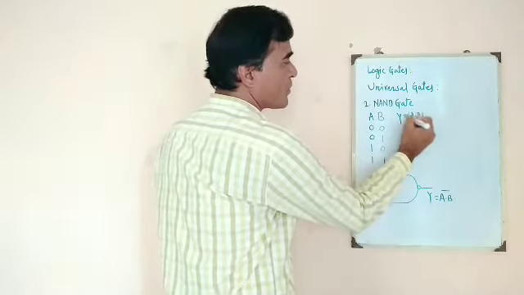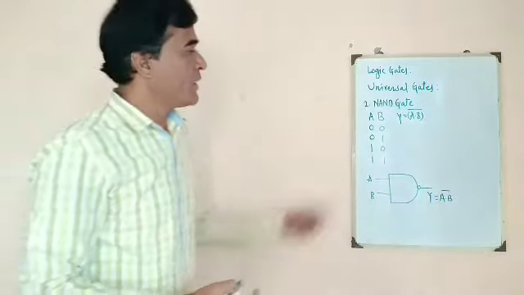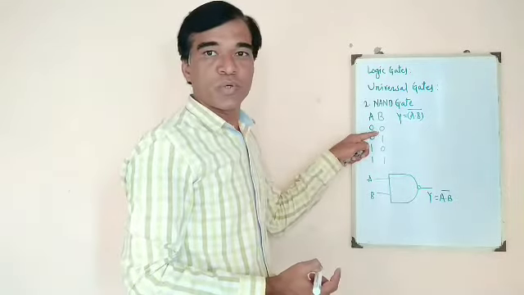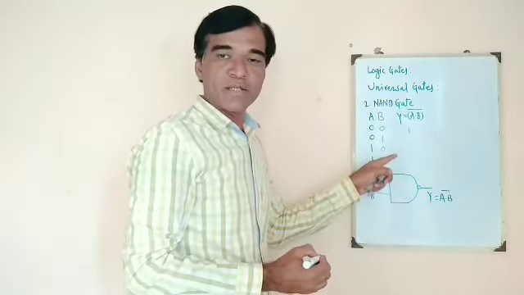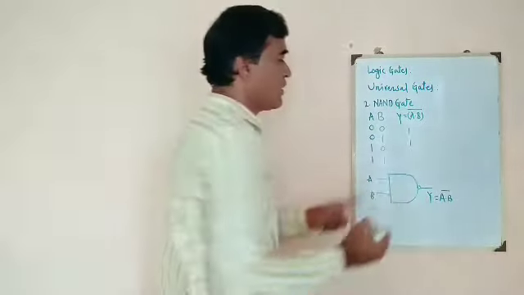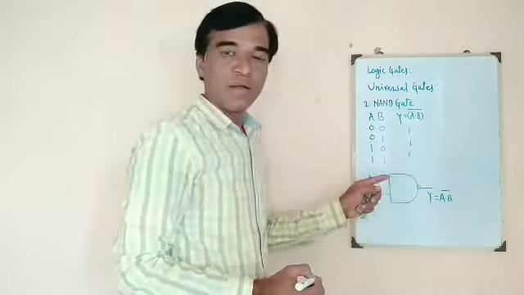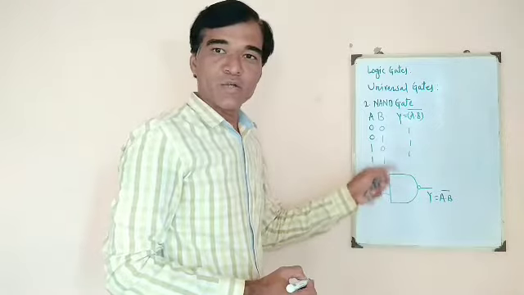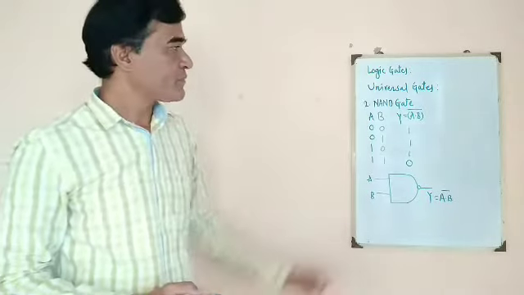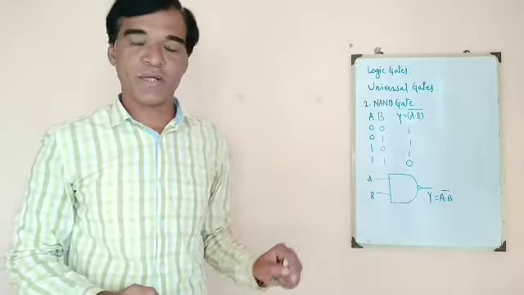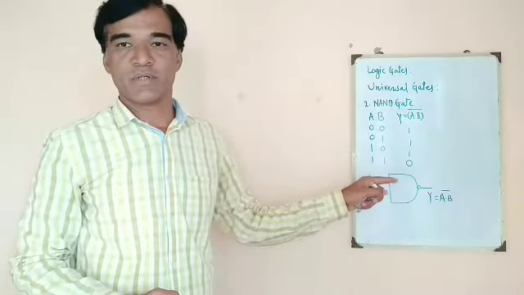First you need to perform the product, then take the complement of the product. Now 0 dot 0 is 0, its complement is 1. 0 dot 1 is again 0, its complement is 1. 1 dot 0 is 0, again its complement is 1. 1 dot 1 is 1 and its complement is 0. In summary, I can say that the NAND gate gives a logical low output only when both of the inputs are 1.